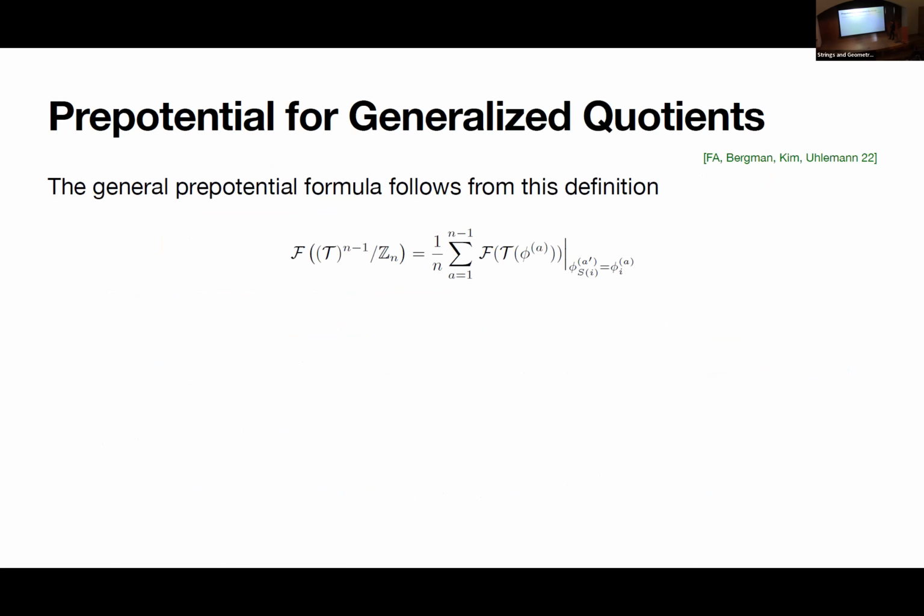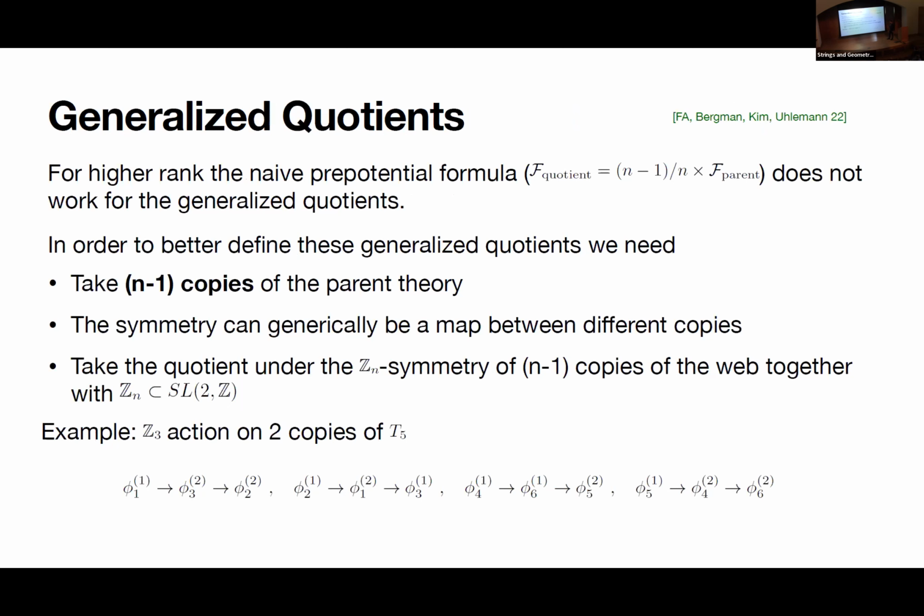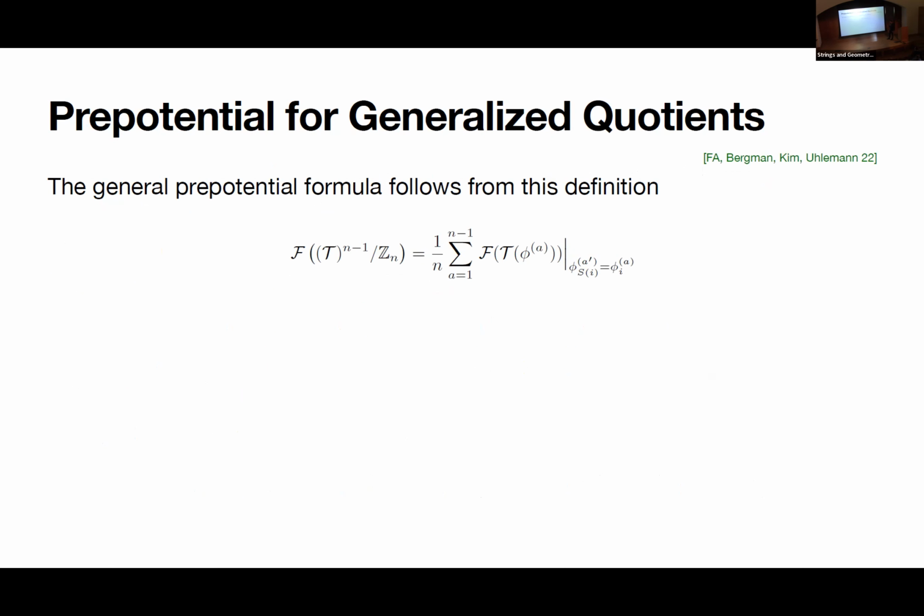And the general formula for the prepotential follows this definition. Namely, that F of the resulting theory is 1 over n times the sum over the prepotentials of all the copies with the identification. So you have to identify the Coulomb branch parameters according to this symmetry that maps these Coulomb branch parameters, and then you plug this into the formula, and what you get is the correct formula for the prepotential.